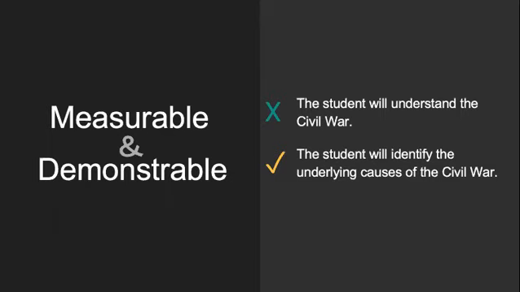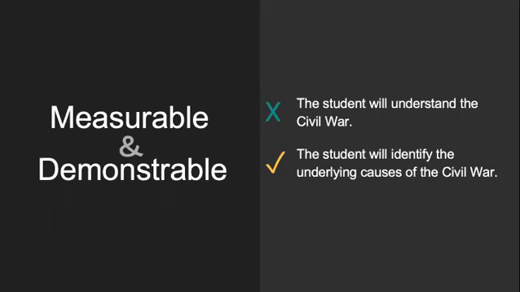How do we measure a student's understanding of something? Nor is it possible for the student to demonstrate her understanding. Instead, we should write, "Students will identify the underlying causes of the Civil War." In this outcome, we can both measure the student's ability to identify the causes of the Civil War, and the student can likewise demonstrate her ability to do so.